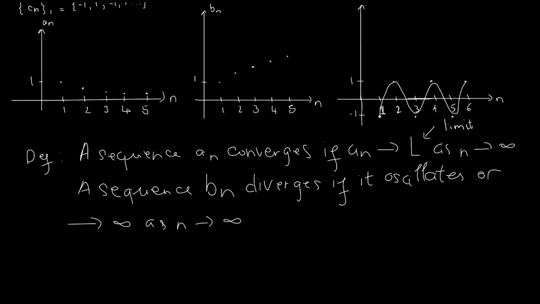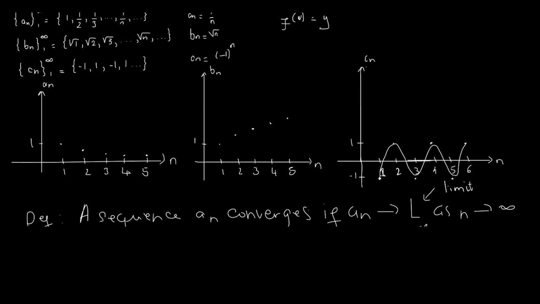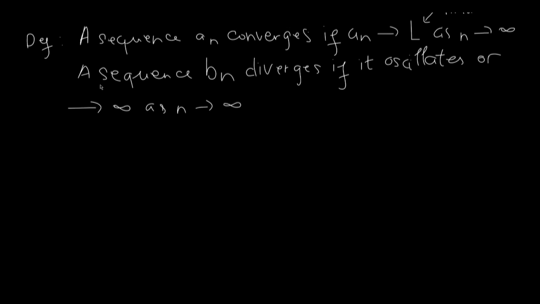And if you can prove that this L value exists, then the sequence is indeed convergent. Similarly, for a sequence to diverge, you must prove that it either oscillates or tends to infinity as n tends to infinity. So what we're going to do now is calculate the limit of each of the sample sequences up here and see if the theorem we just made holds.